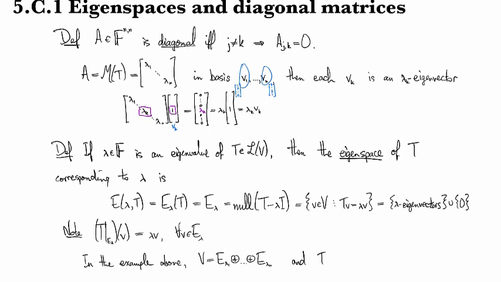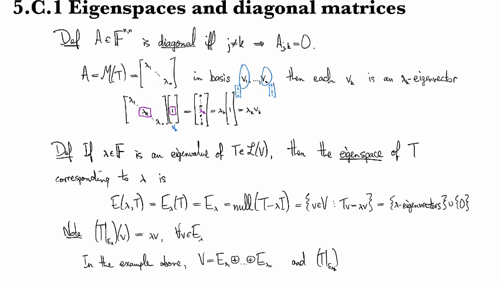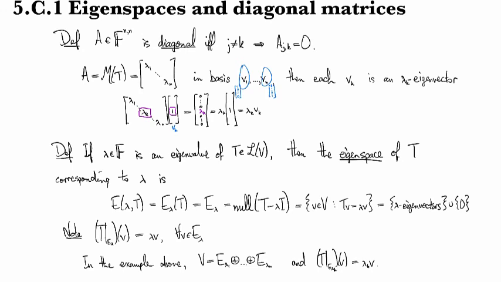And we have that T restricted to E_lambda_k is going to just scale vectors of that space by lambda_k.